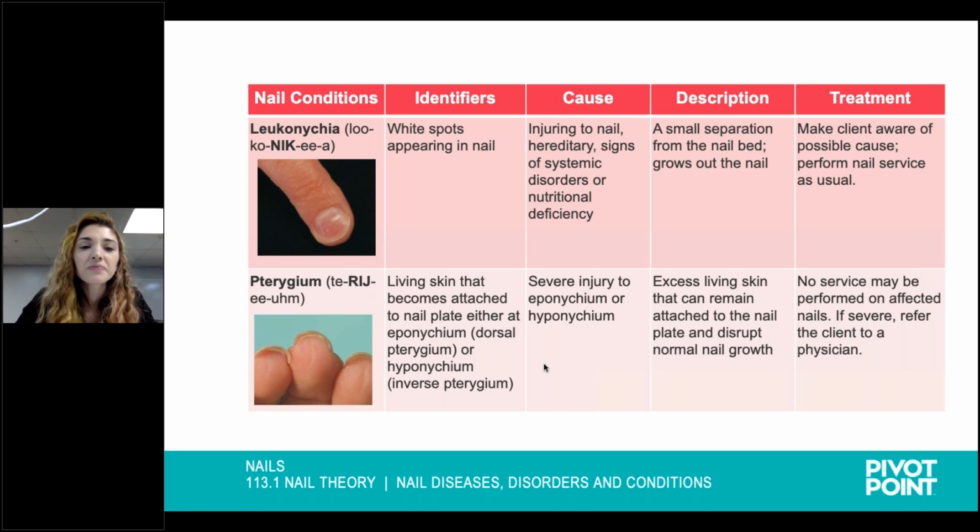Then we have pterygium. That is when the living skin becomes attached to the nail plate. So your hyponychium is just attached and it continues to grow with your nail. It says that this is due to severe injury to the eponychium or the hyponychium, but that's not always the case.